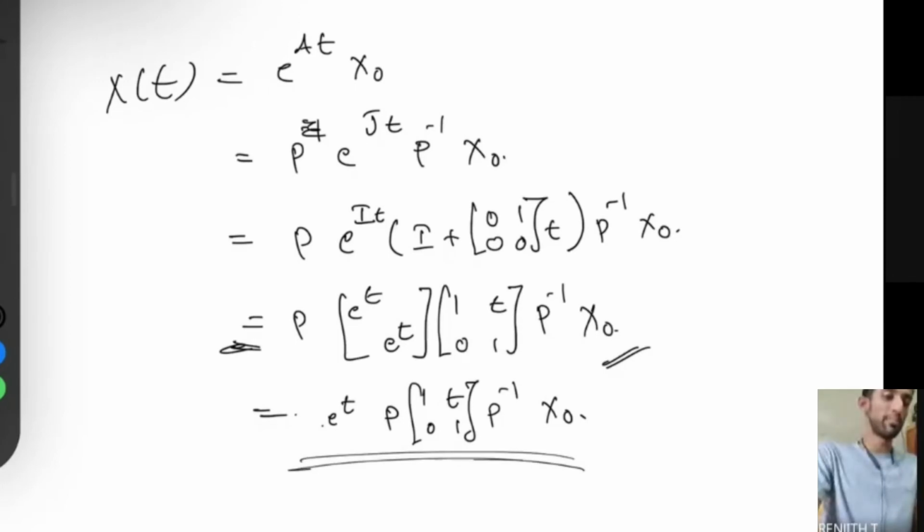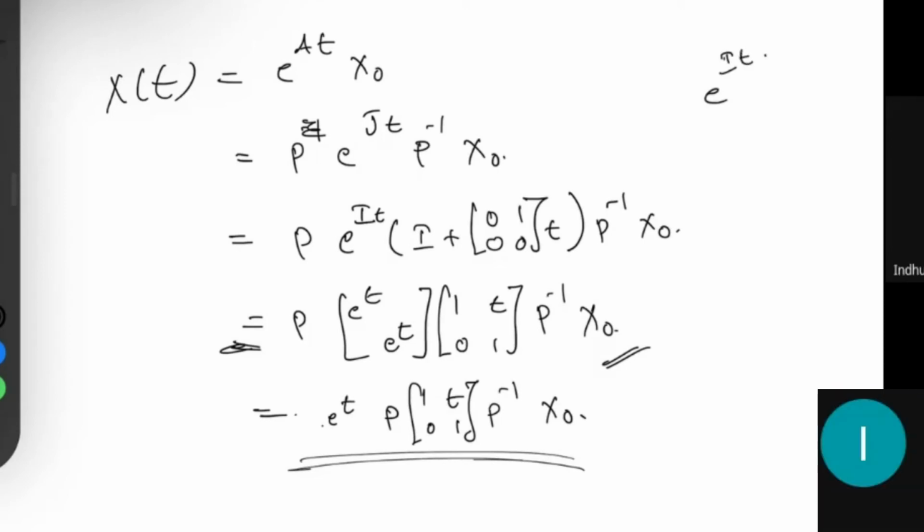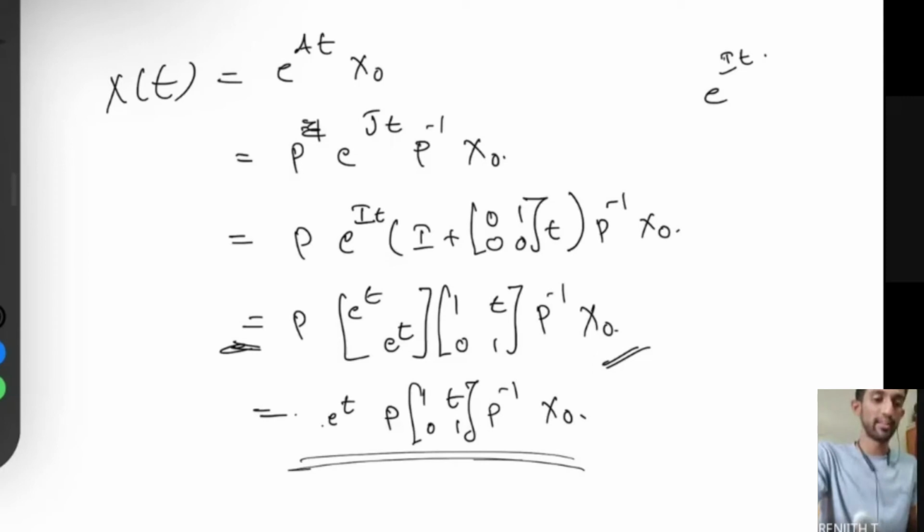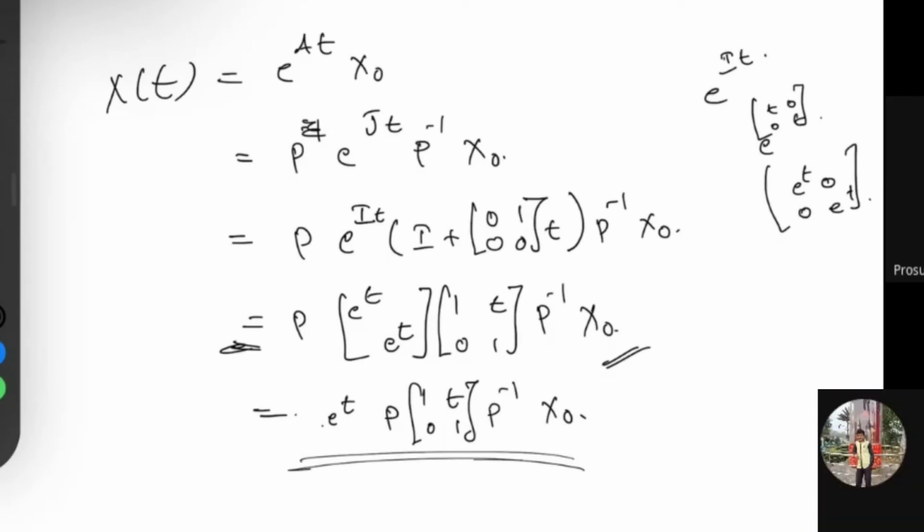It is e power it is coming, right? Yes, sir. So what will be e power it? That is e power t0 0t, right? It will be e power t 0 0 e power t. Which term you are saying?